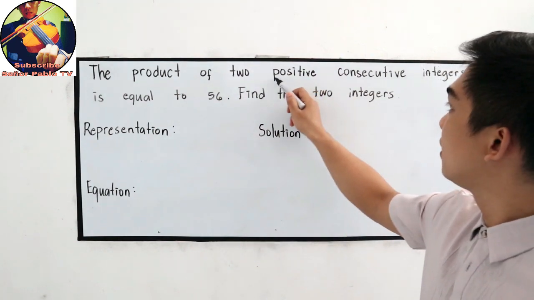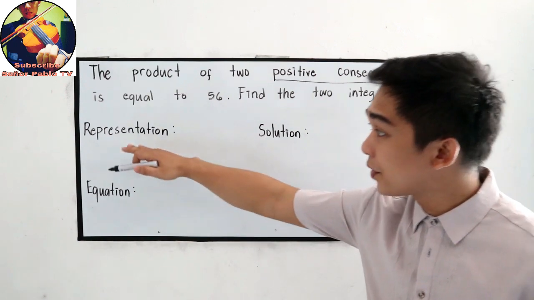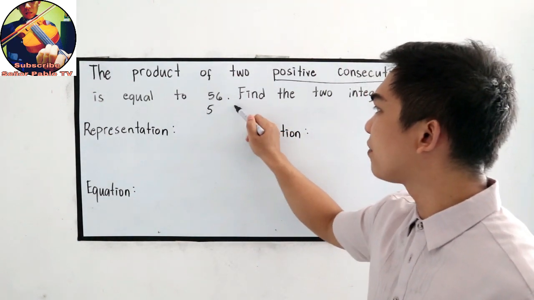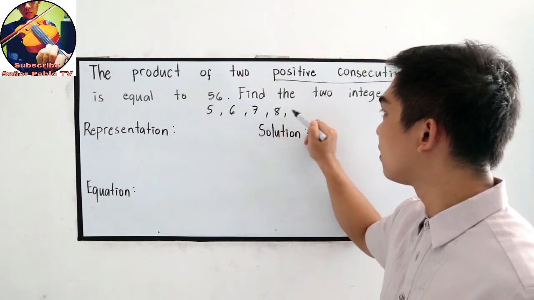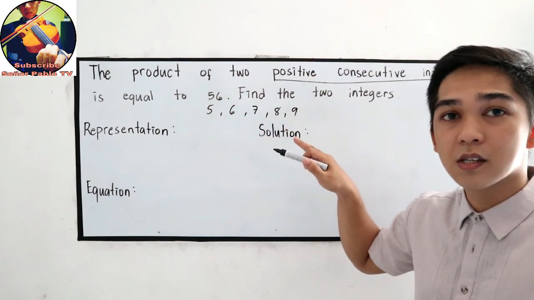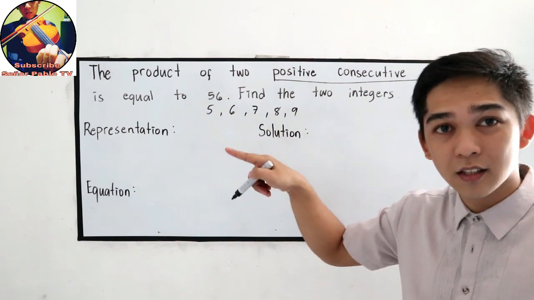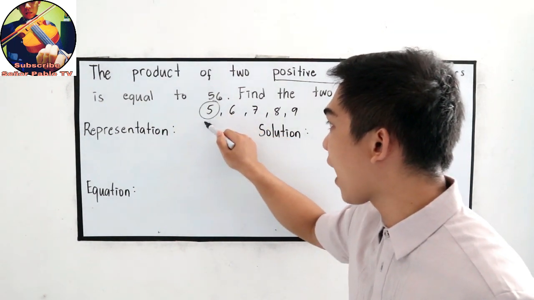In the given positive consecutive integers, to find our representation, let's say we have the numbers 5, 6, 7, 8, 9. To find the consecutive terms, we just need to add 1 to the previous one. So let's say our x is 5.